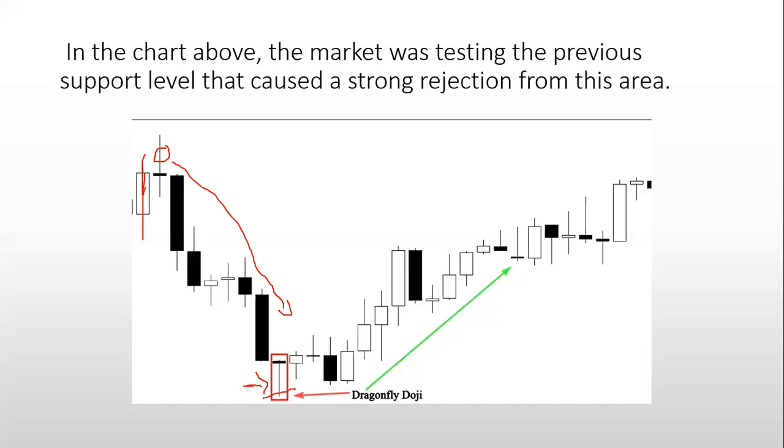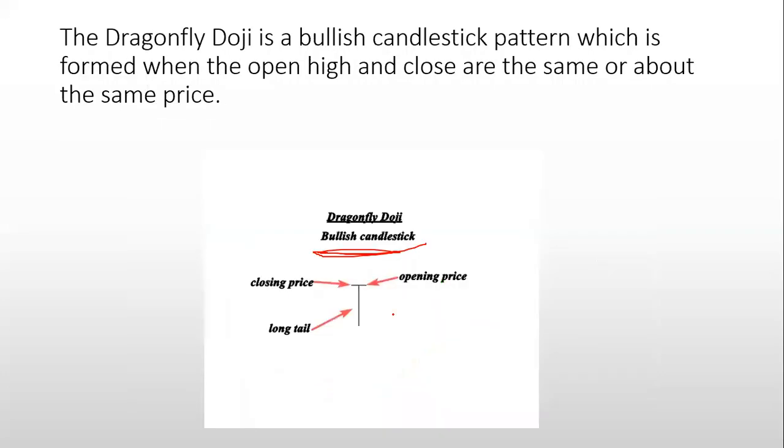In other words, the buyers have taken control over the market. It could also take time, because if you look at this scenario, there was support working down here, and the buyers took over on our next candle, which is the white candle, and went all the way up over here. So this is known as the dragonfly doji. Take a look at how the dragonfly doji looks and master it properly.